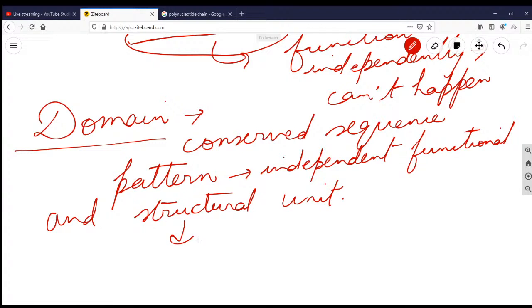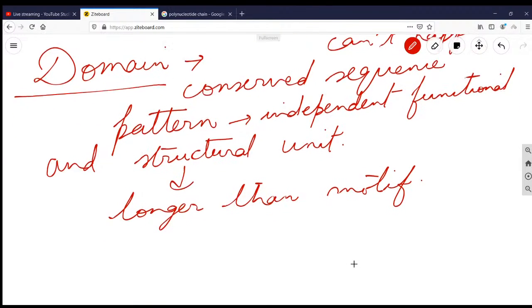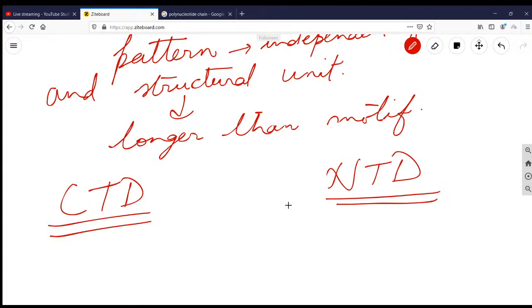Okay, and also it is longer than the motif, just like I told you. So I'll write it down also, it's longer than any motif. So mainly what you will be reading about is the C terminal domain towards the C terminus, the NTD or the N terminal domain pertaining to RNA polymerases. So it binds to DNA via its C terminal domain.